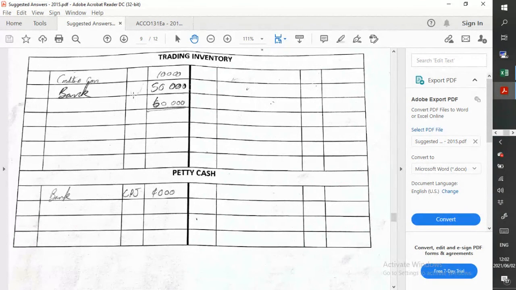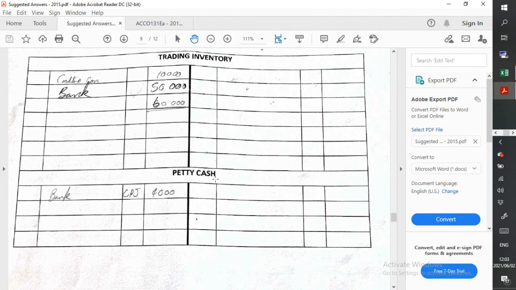Yes, we are purchasing more trading inventory, but we're just purchasing it on credit. So that is going to increase our trading inventory, which we know is an asset. So both of these amounts we're debiting. Here you're going to put CJ1, and then we have our 10,000 there. And then balancing it, since it's all on the same side, we just plug in that 60,000 and we balance our account.